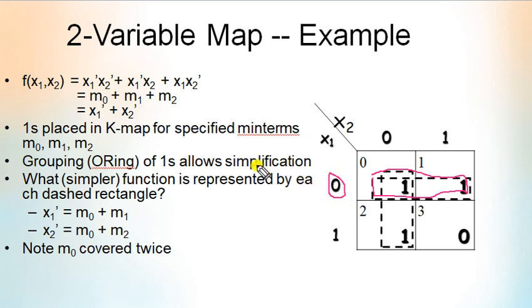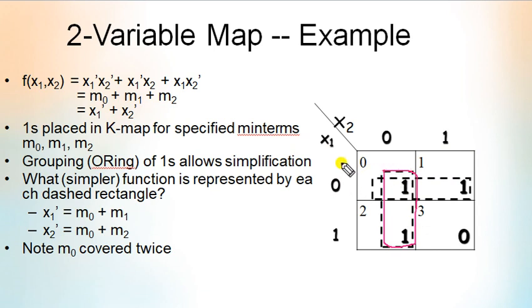So for x1 being 0, we will put x1 bar here. The value of x2 is not the same, so we will not put the value of x2, and this is the minterm, so put plus here. And the next group will be this one.